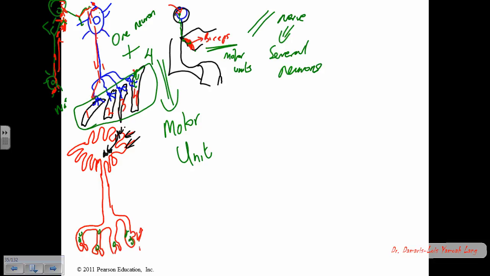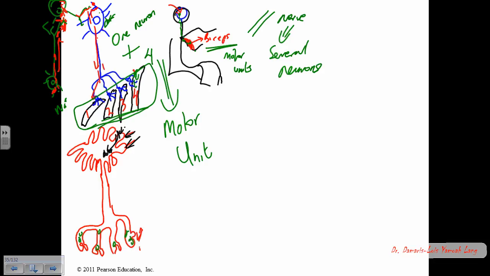So this one neuron may be stimulated and only the 4 muscle fibers will contract. The other neuron in my nerves may not be stimulated to allow contraction to occur.